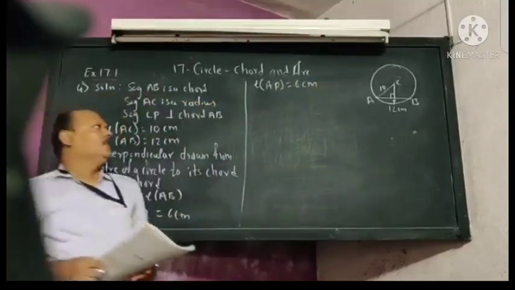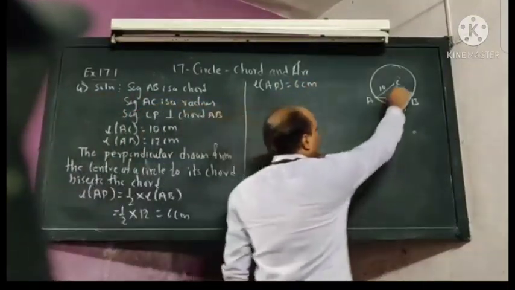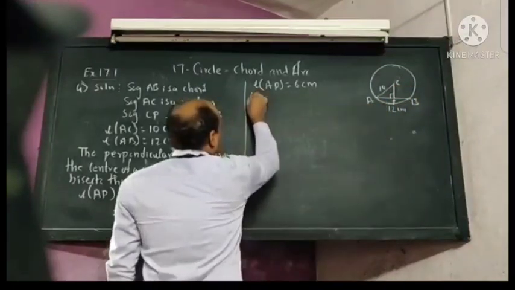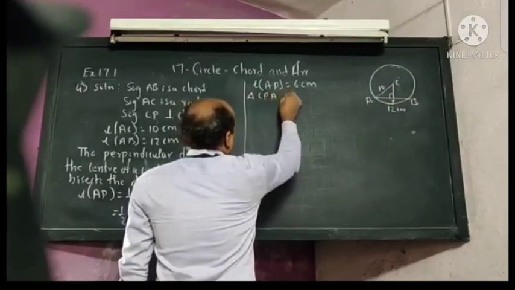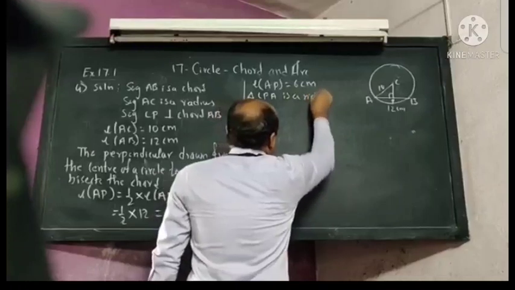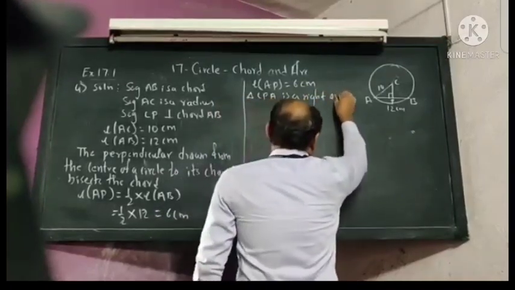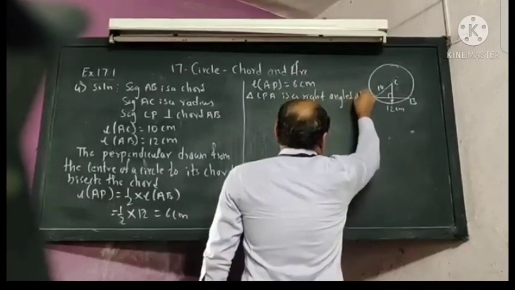Now we will again apply the Pythagoras theorem here. Triangle CPA is a right angle triangle.